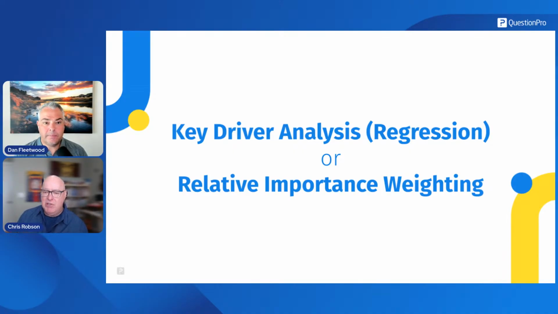Right. For that, you do need to build a driver model, and that's where key driver analysis comes in. Historically, that's been done with simple regression. Again, generally, there are a lot of problems with simple regression when it comes to this kind of thing. Personally, I use partial least squares regression instead.